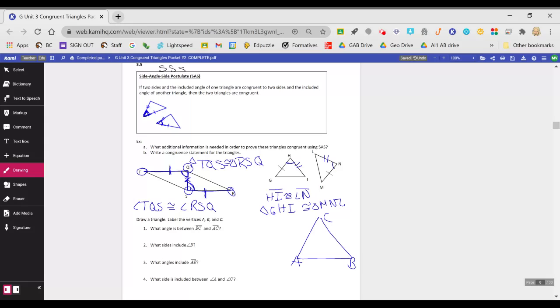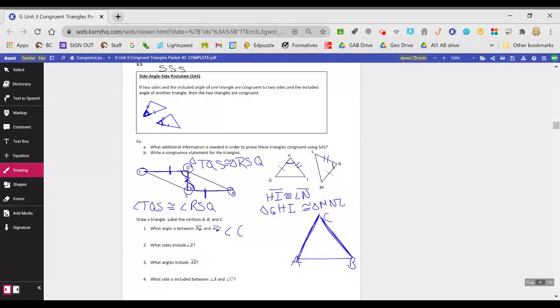Okay, so now number one, what angle is in between BC and AC? Well, here's BC, here's AC. So the angle that's in between them is C. Notice how C is in both names.